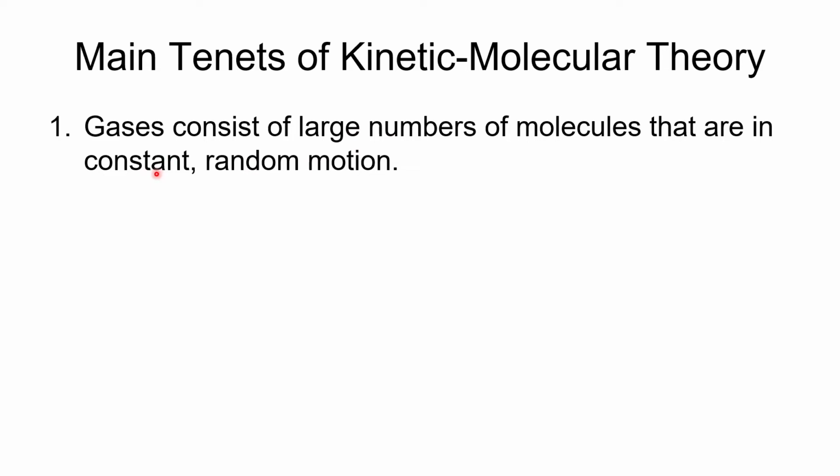The constant means that it's constantly moving, so the molecules are always in motion. They never come to a complete stop. And the random means that they're going in all different directions and that they're going at more than one speed. There's a broad distribution of the speeds of the molecules, and I'll show you a graph that demonstrates this a little bit later.